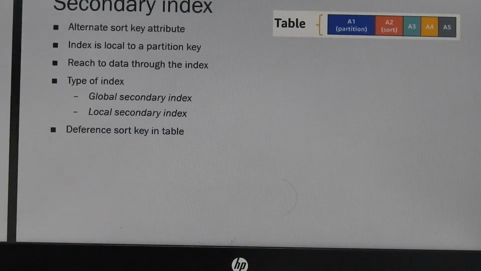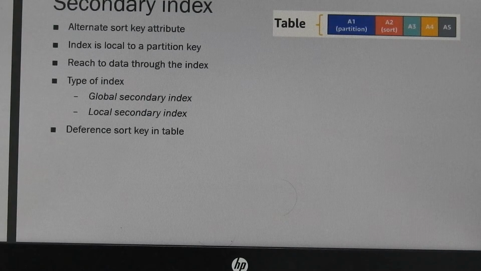The partial key is the most efficient and effective way to find the data, but still you can use the indexes to increase efficiency, though the way you use it might be different. Reaching the data through the index is possible.